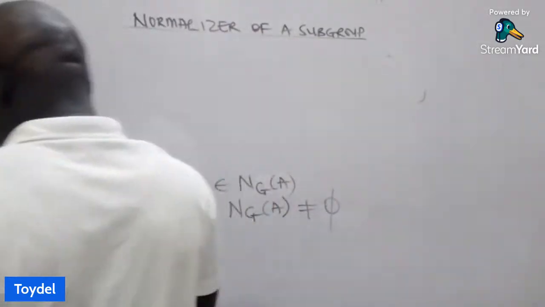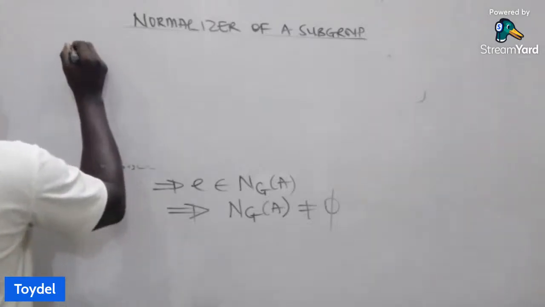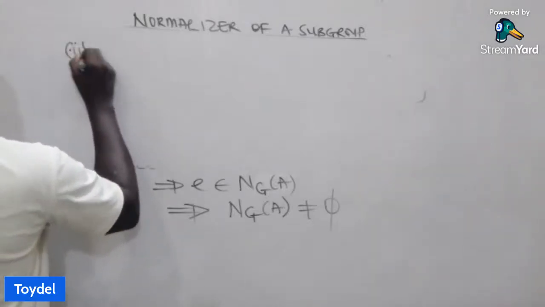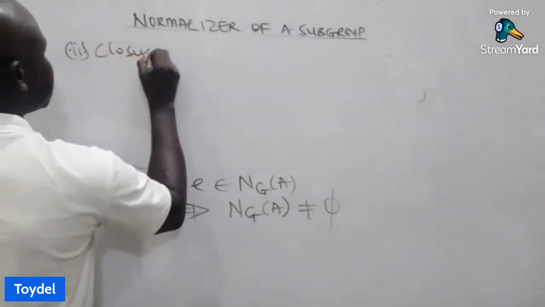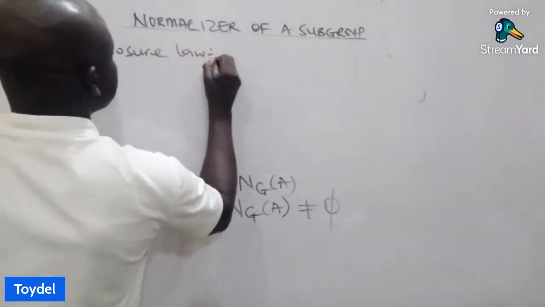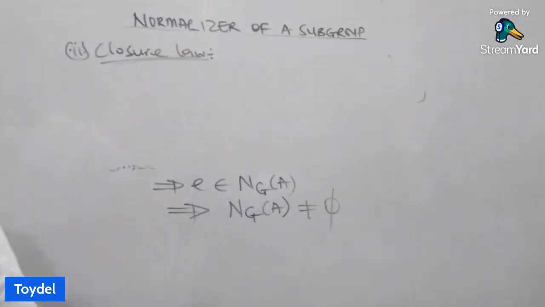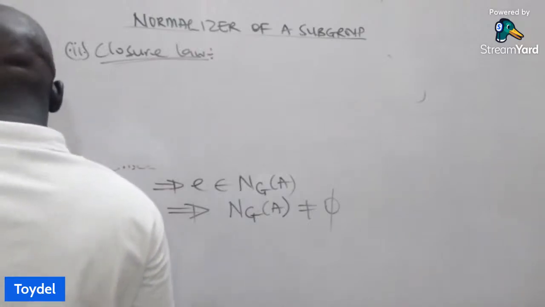Then we go ahead and show the closure property. How do we show the closure property?